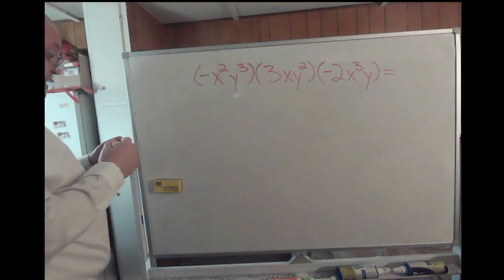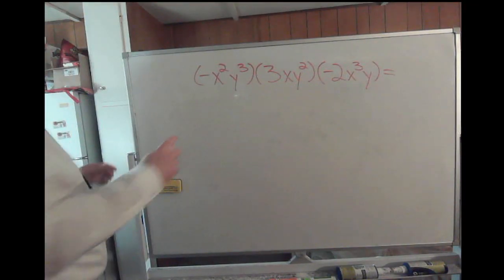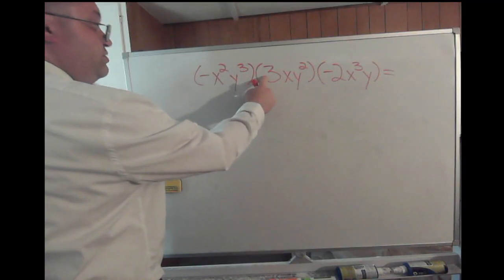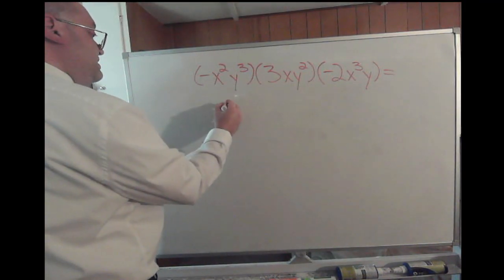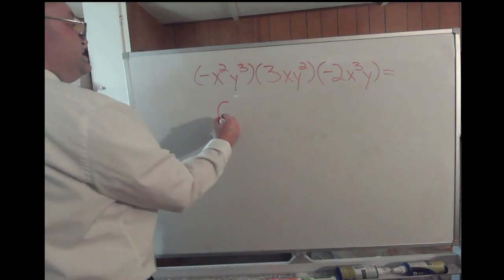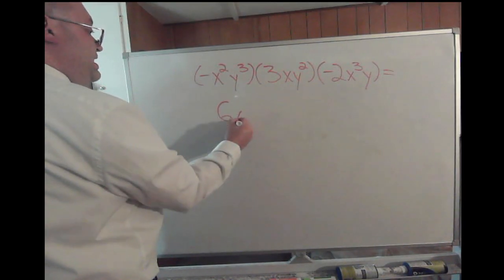Well, first thing again, multiply your coefficients. You have negative 1 times 3, which is negative 3 times negative 2. That'd be positive 6. You get 6, and then you have your base x.